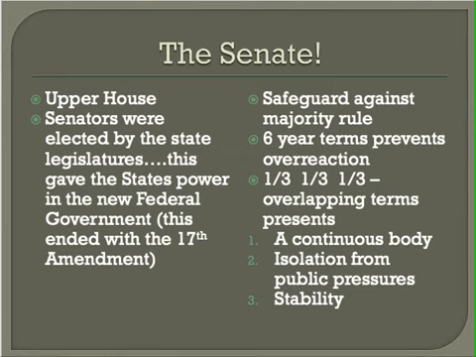And the Senate was meant to be a safeguard against majority rule, a place where individuals could work for 6 years at a time, not overreact, and take their time on big issues. So they're overlapping terms. A third of them are elected every 2 years. So this is what is known as a continuous body. They try to isolate themselves from all that public pressure and the instability.